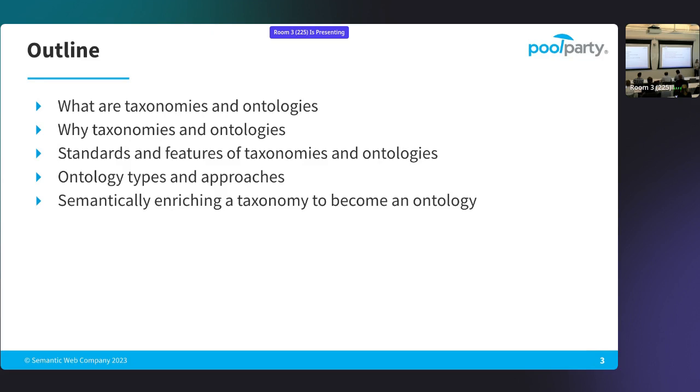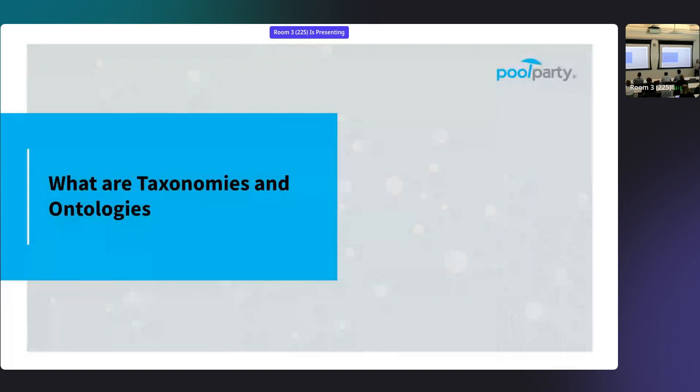So that's why I'm introducing a little bit more on both taxonomies and ontologies. So what are taxonomies and ontologies? Feel free to raise your hand at any time. At times I might pause after a section for more questions, but if you want a clarification, just raise your hand.